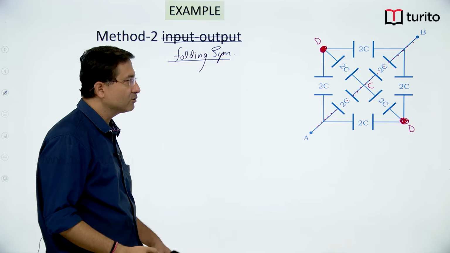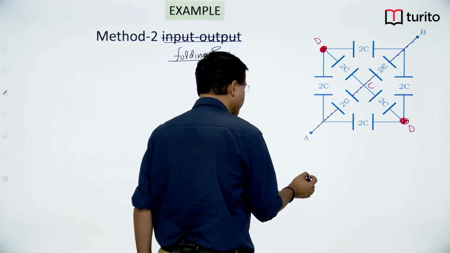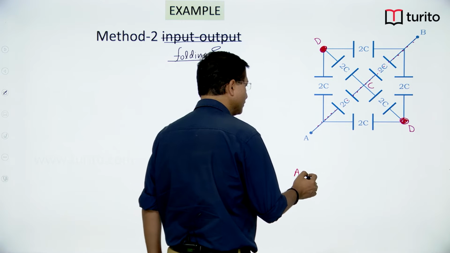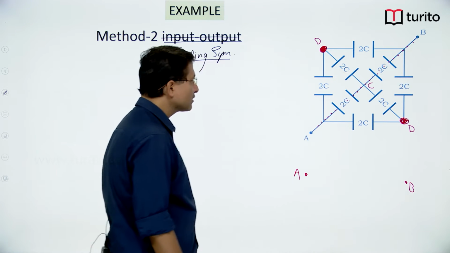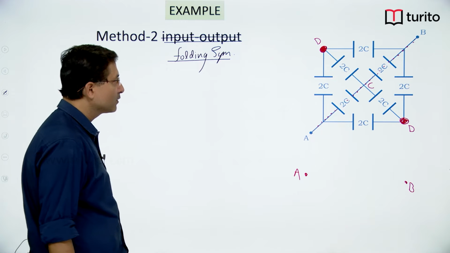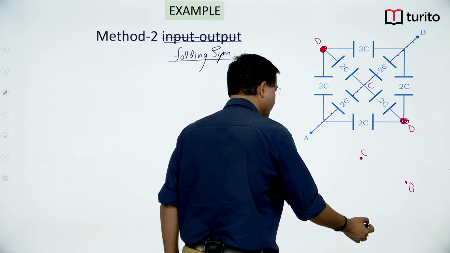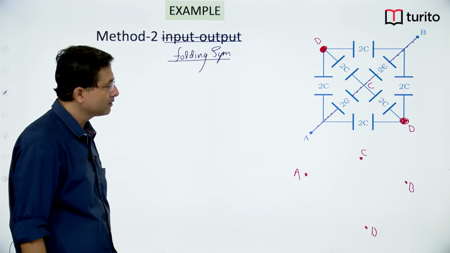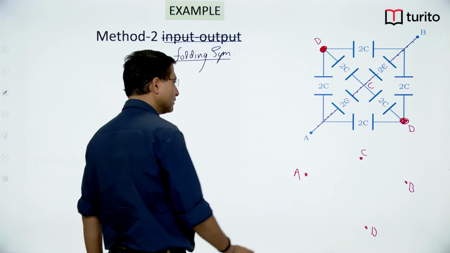So from A to B, passing through C and D. Let us draw it, A to B passing through C and D. So I will draw C and D, right. I have selected the points this way.